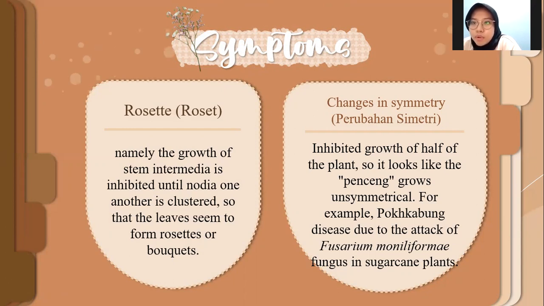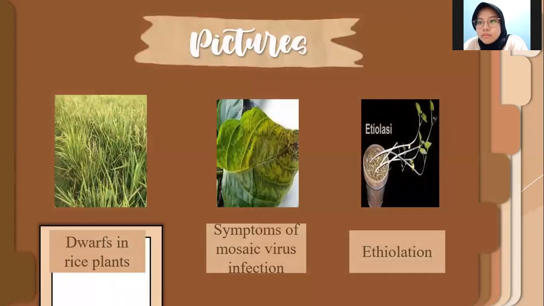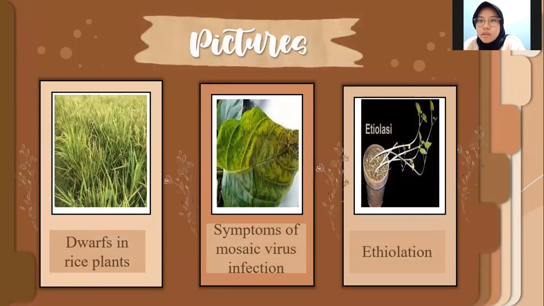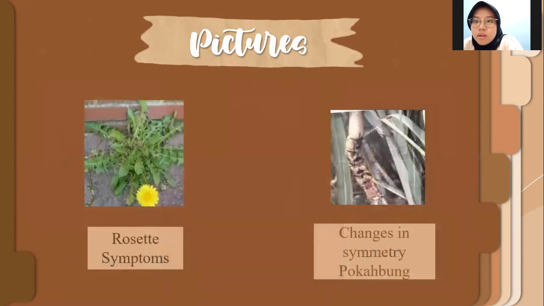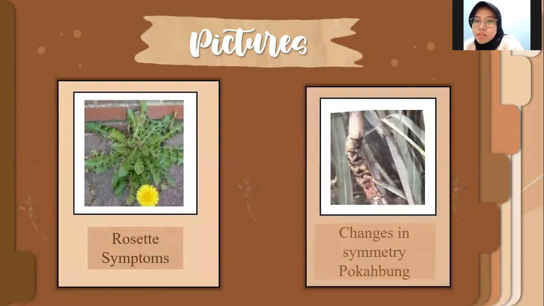For example, Pokkah boeng disease due to the attack of Fusarium moniliforme fungus in sugarcane plants. These are pictures of dwarfing in rice plants, symptoms of mosaic virus infection, etiolation, rosette symptoms, and change in symmetry.